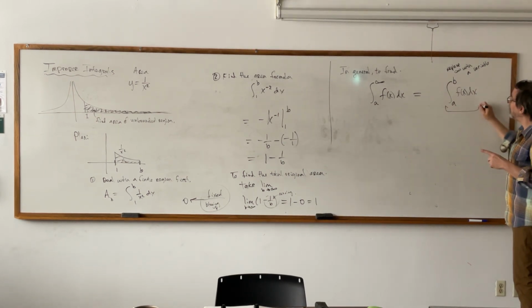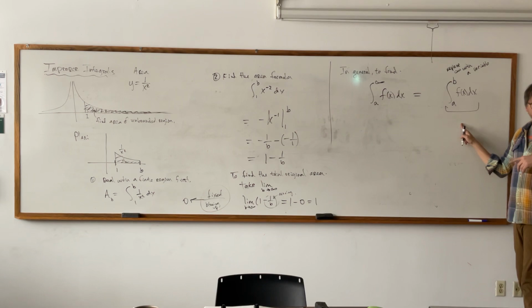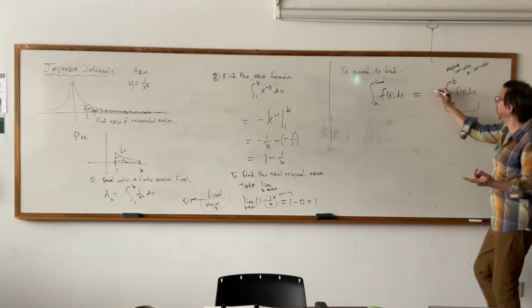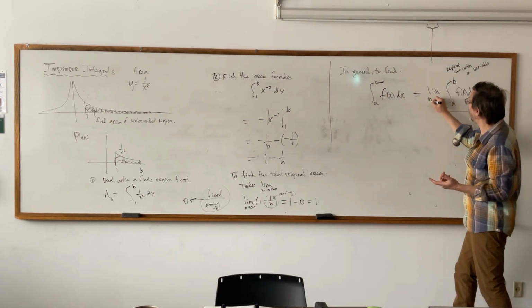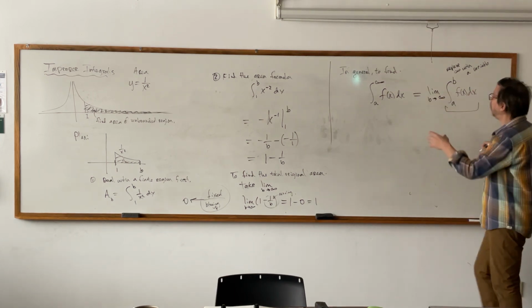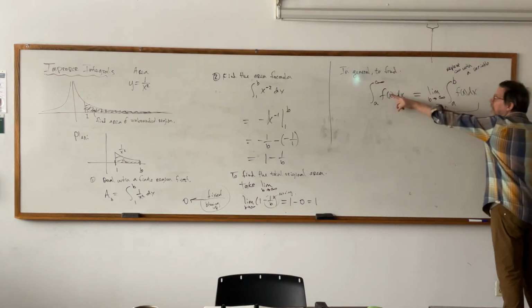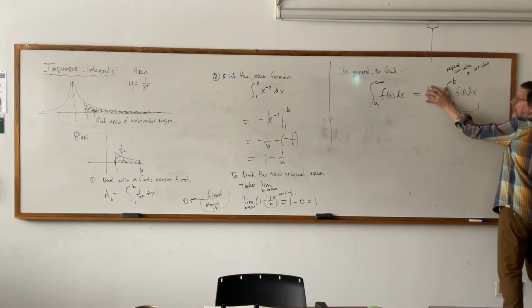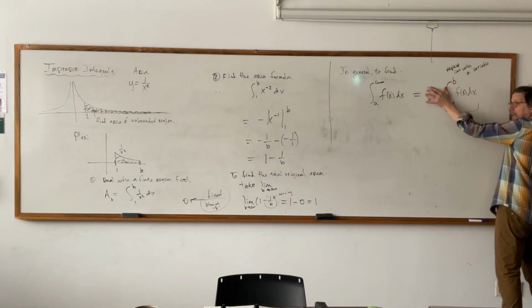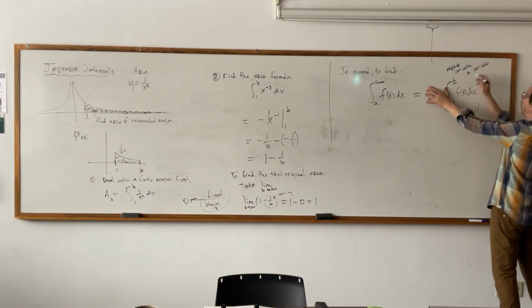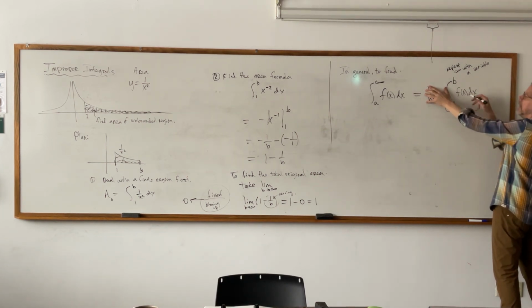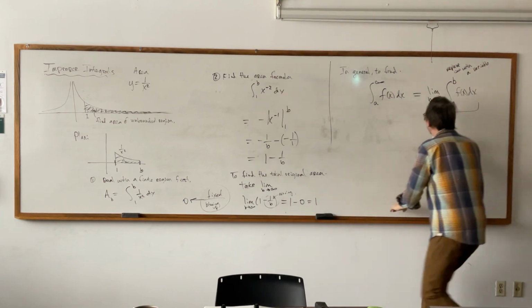Find this integral. Work this through and you'll get a formula in b. And now out in front, we're going to write limit as b goes to infinity. So I've taken the infinity off as a limit, put it out front as a process to happen at the end of all of this. But otherwise, it's just regular old calc like we've been doing, and then I take a limit at the end.